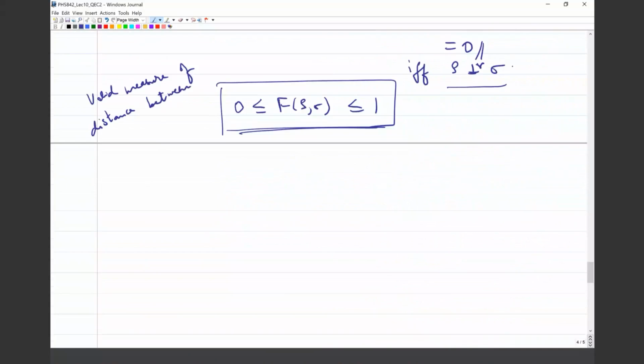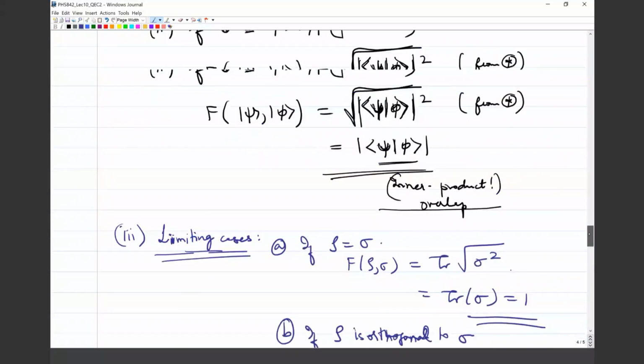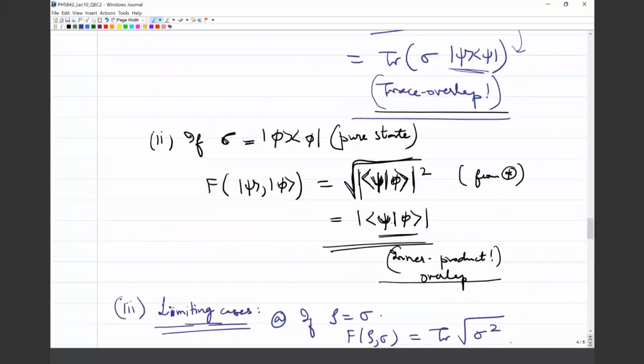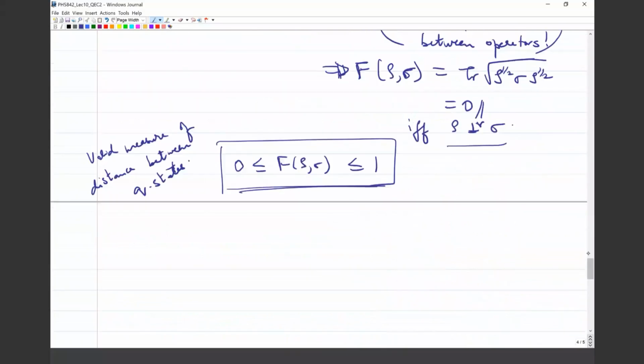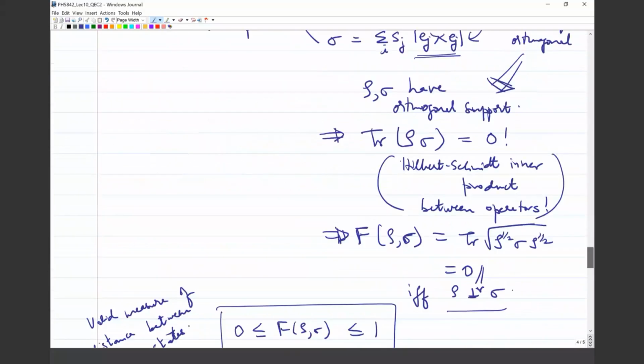If we were only dealing with pure states, then it suffices to think of the inner product itself, which gives you a metric on the space. But you are interested in mixed states, and then you have to look at when two density operators are orthogonal, and that leads you to the trace overlap function, this kind of Hilbert-Schmidt inner product, and inspired by that you have this measure.